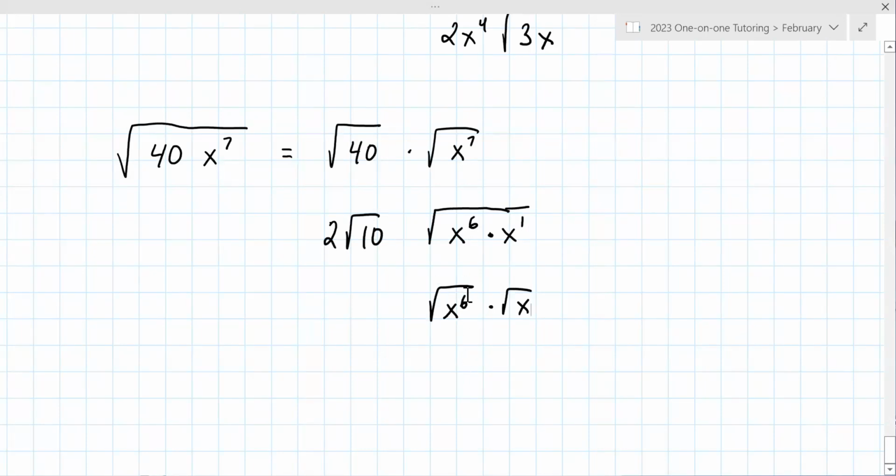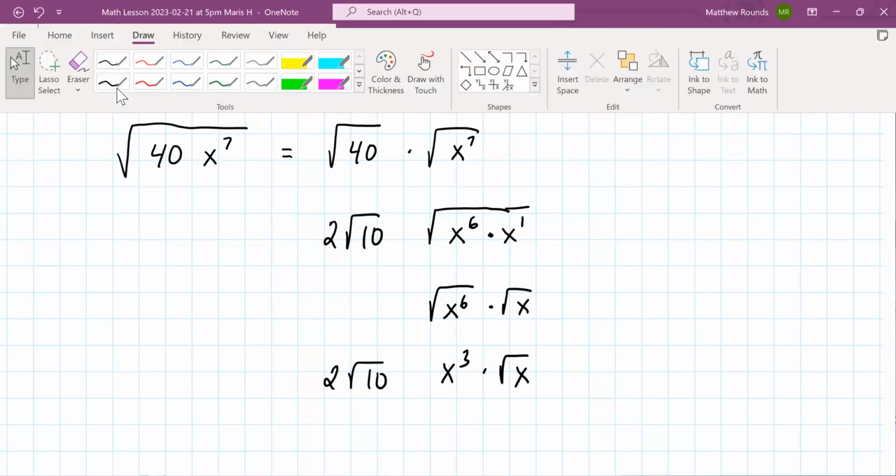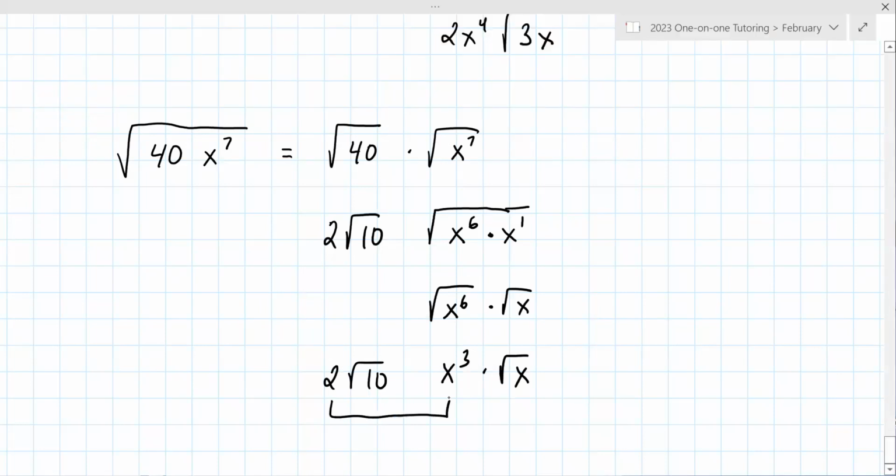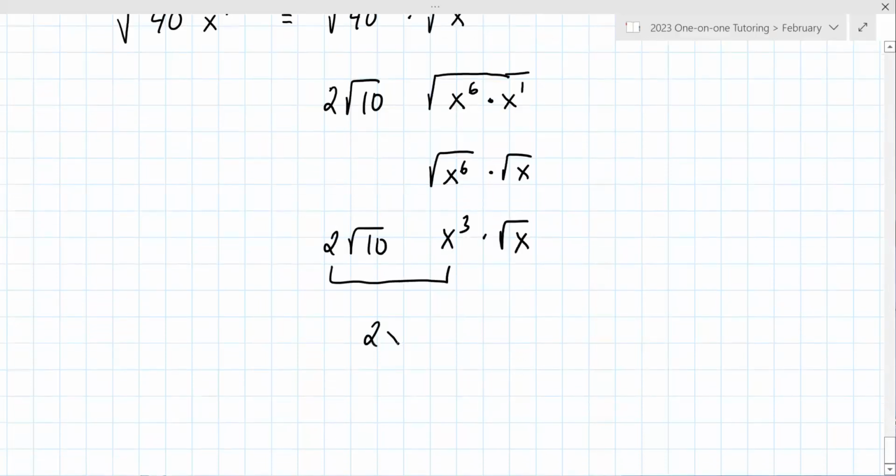So what does that become? x to the 3rd. Good. And then the last part here is to combine the parts that are outside the roots and the parts inside the roots. So you got 2x cubed square root 10x.